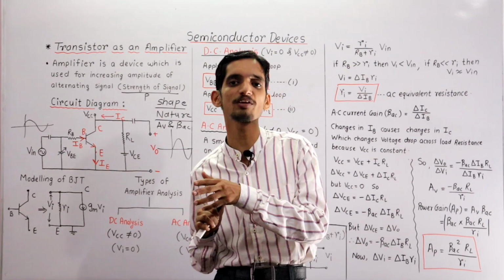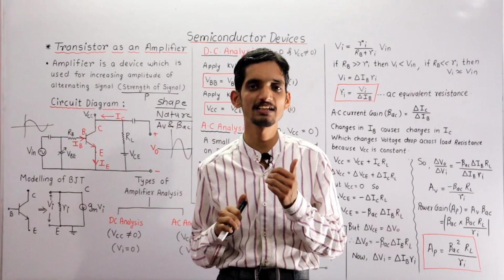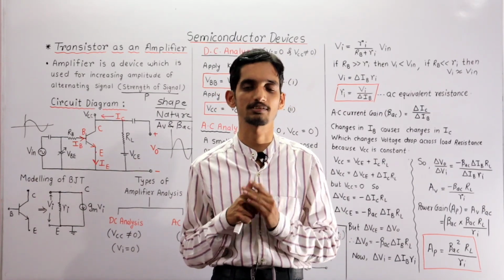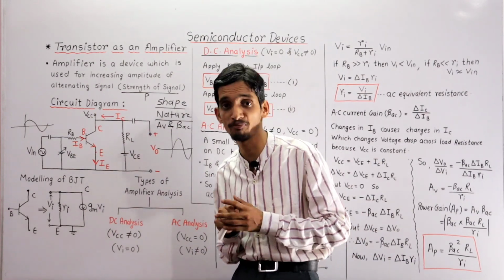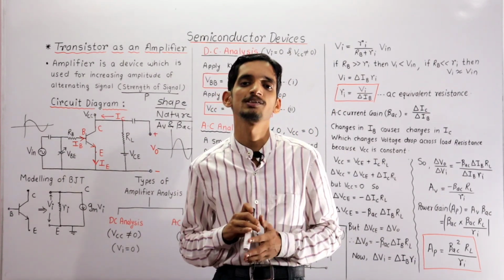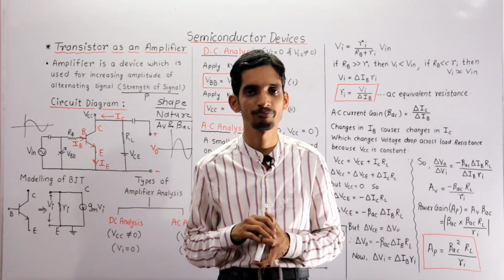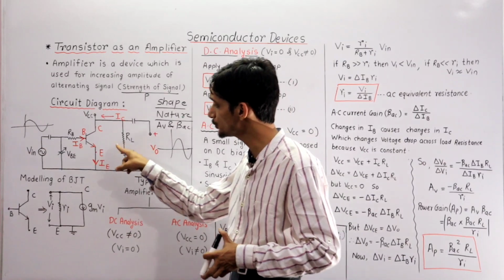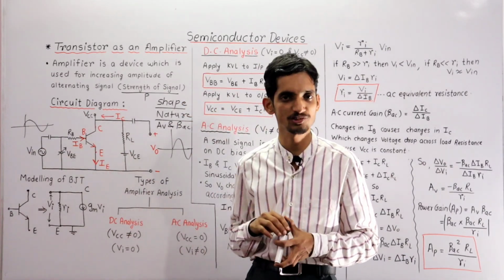And in CC configuration the voltage gain is less and the current gain is more, so the resultant product is less. That's why CE configuration is preferable compared to CB and CC configuration. So you have to use CE configuration for amplification purpose.